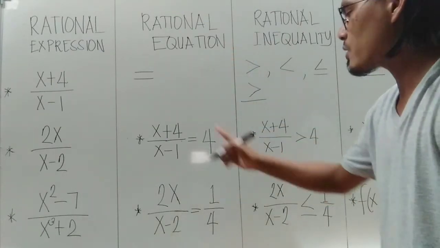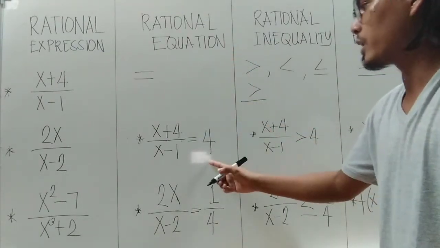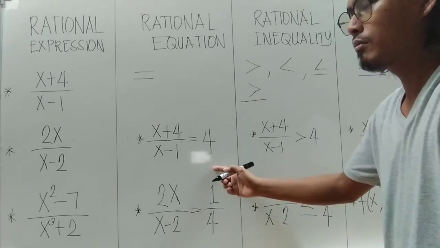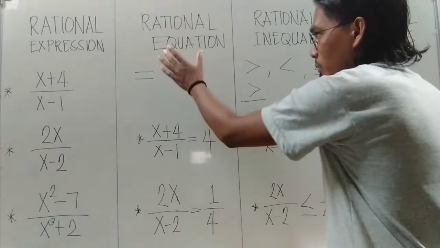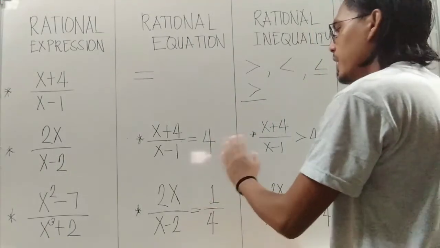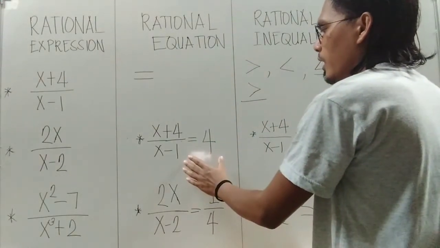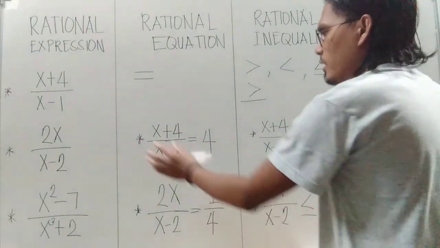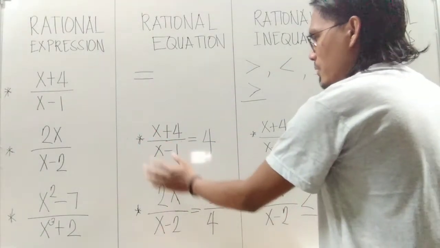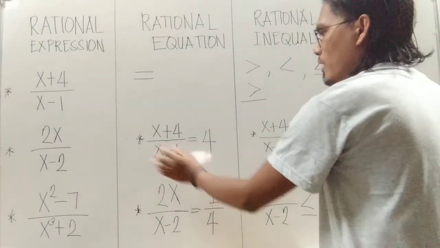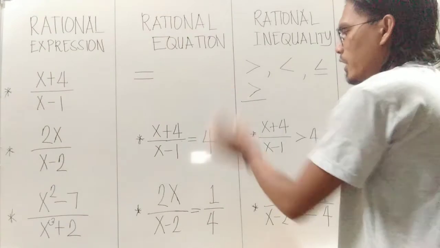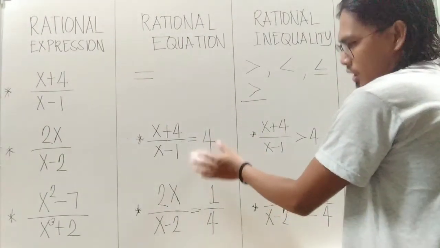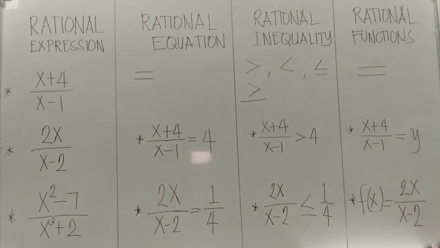A rational equation is always equal to any number or any quantity. In our examples here, we are using single variables such as x plus 4, x minus 1, so we are using x and then equating it to another quantity, equals 4, while your function equals y.